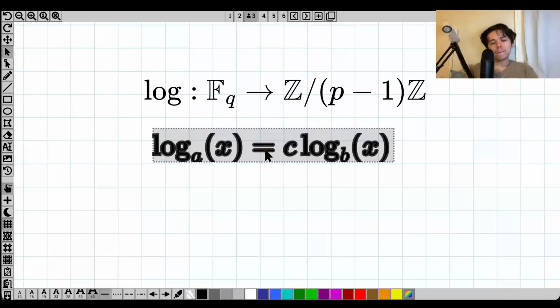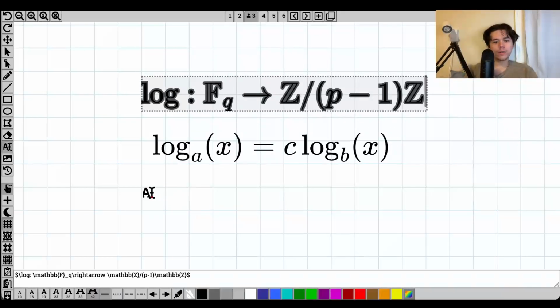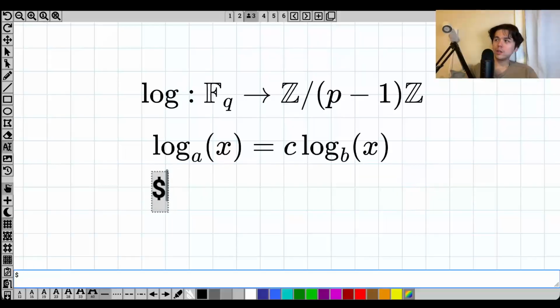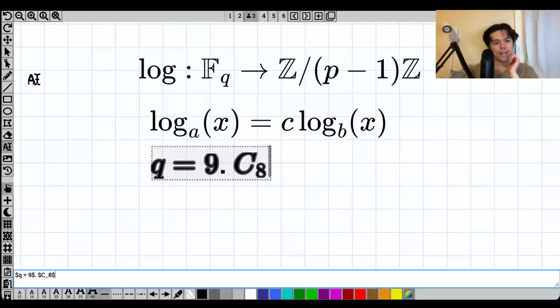But when you're in the case of, like, let's pick a specific q. Let's pick q equals 9. Then Z mod q, or I keep switching notation, which is a bad choice. Our units will have size C_8.